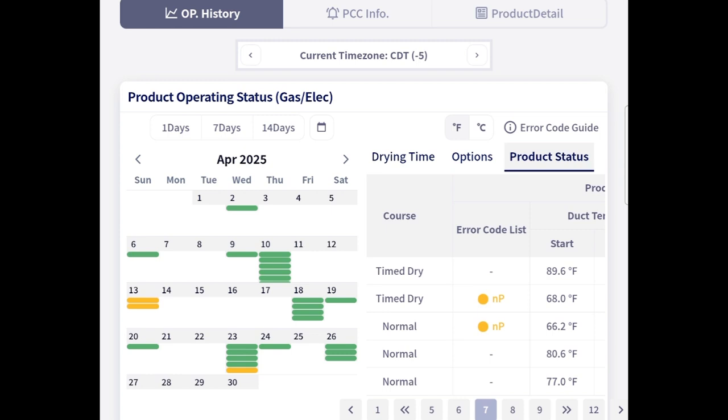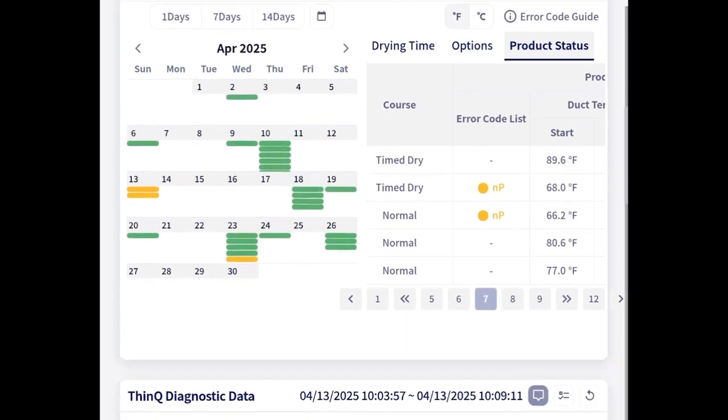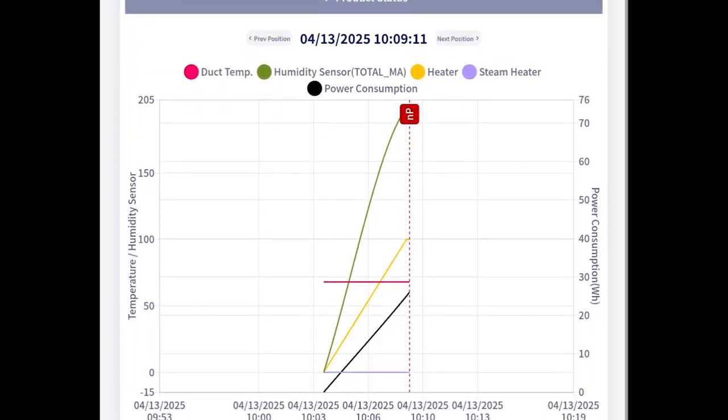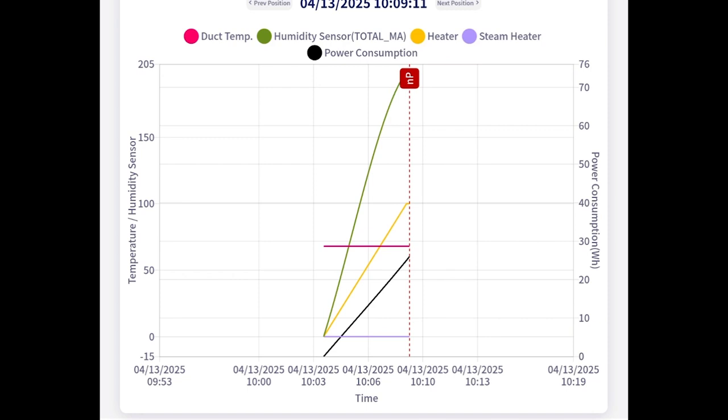NP means no power. So something happened in the customer's house that day, whether it was power outages, brownouts, something caused electrical issues that the unit picked up on. And I want to scroll down and show you that when an error code occurs, it also displays in the data chart at the bottom of the screen. So you can see the NP in red.